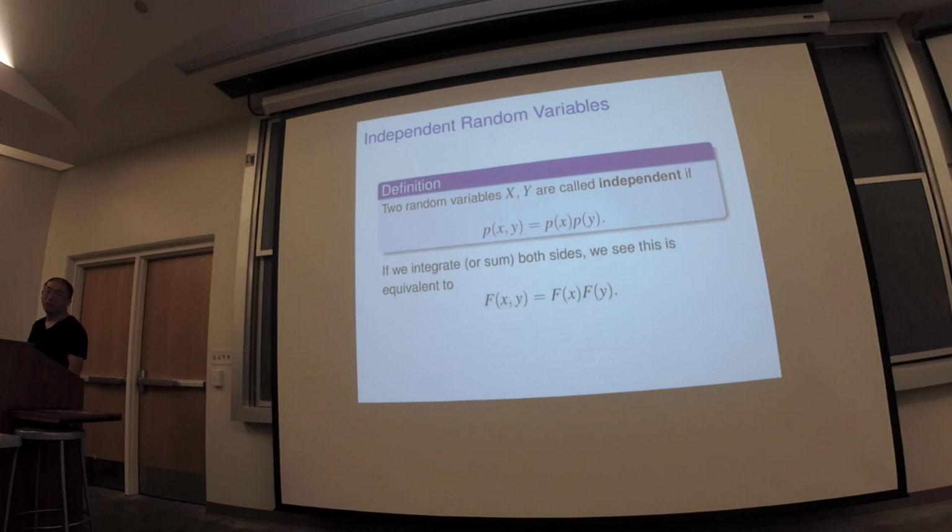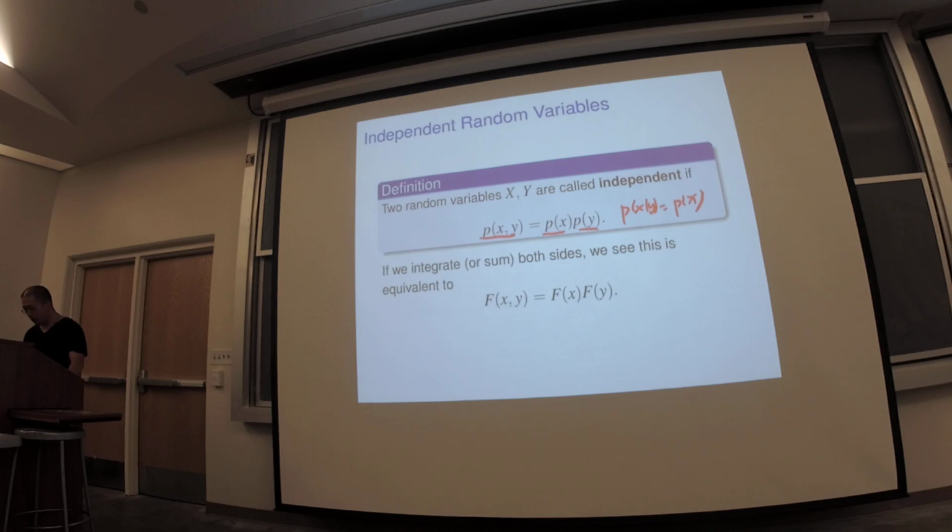We can also define independent random variables. Independent random variables basically says that the joint density can be written as a product of the marginal densities. Then they are independent random variables. And also, you can show that the conditional density is equal to the marginal density. Same thing.